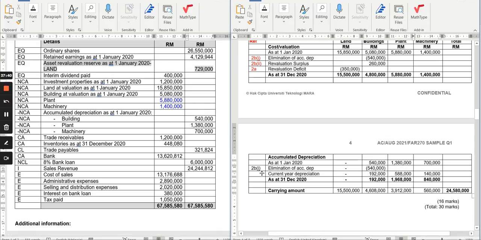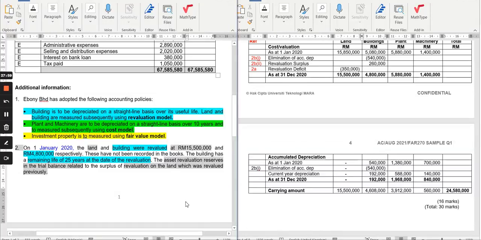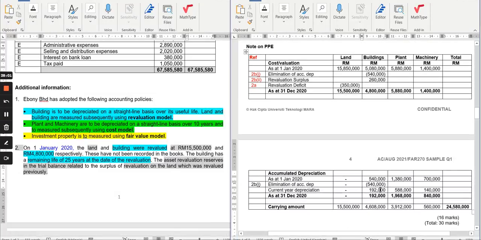These are all from here. And the elimination is done for the building accumulated depreciation, since they are now being revalued. So starting from 1st of January, it is no longer based on the previous figure, but it is now based on the new valuation figure. Remember the 4.8 million here. So that gives you the new depreciation, 192.